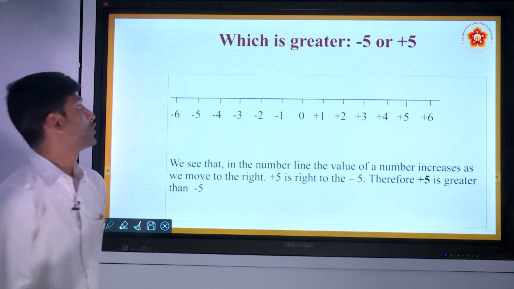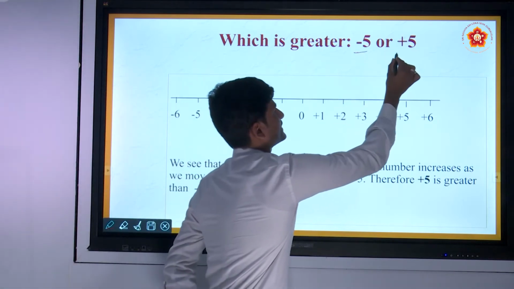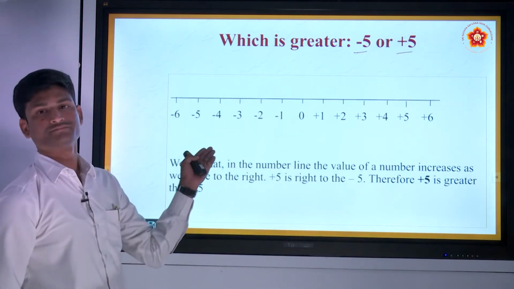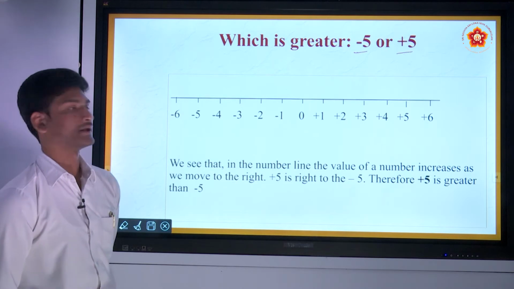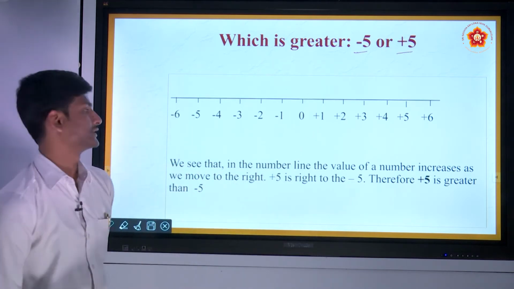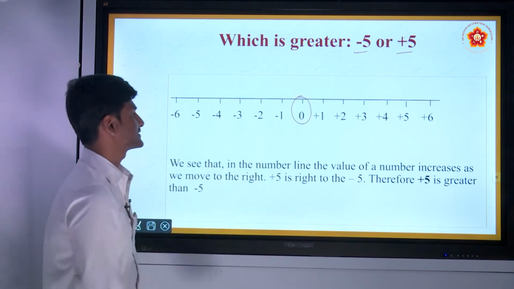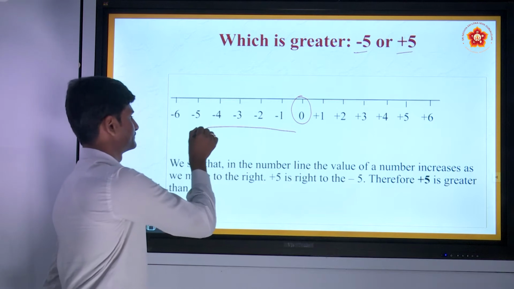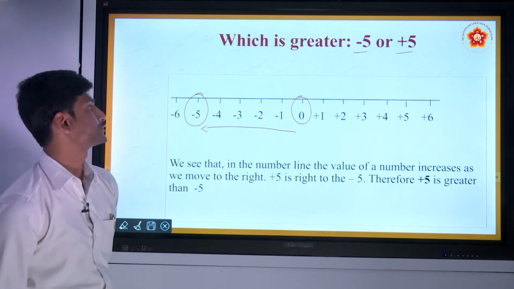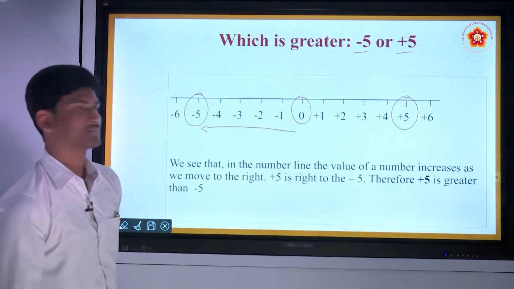Next, which is greater, -5 or +5? First, we draw a number line. -5 is a negative integer. Here we start from 0 towards the left side, -5, a negative integer. And also +5 is a positive integer, right?